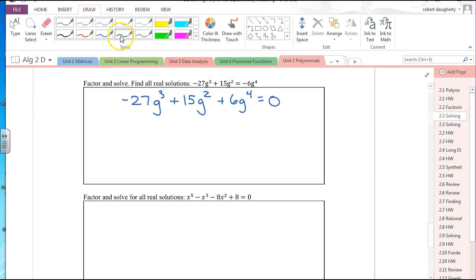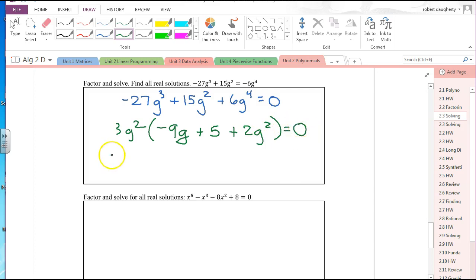So if I'm factoring this, factor out the 3g squared. If I factor out a 3g squared, then I'm left with, here was my mistake, negative 9g, because 3 times negative 9 is 27, plus 5 plus 2g squared equals 0.